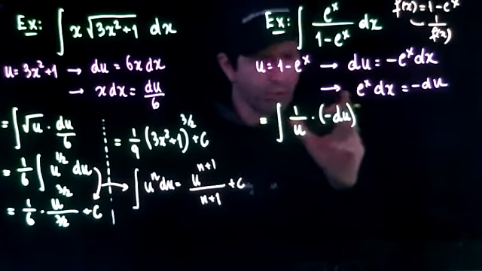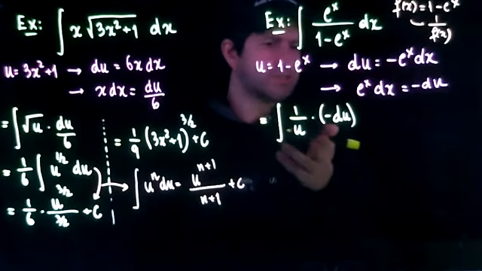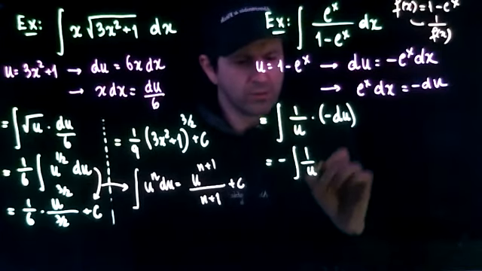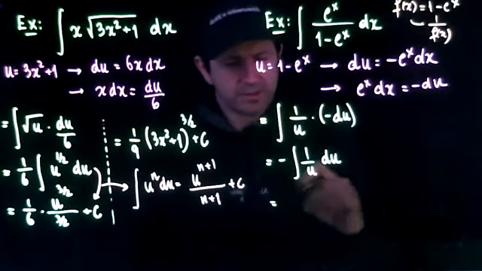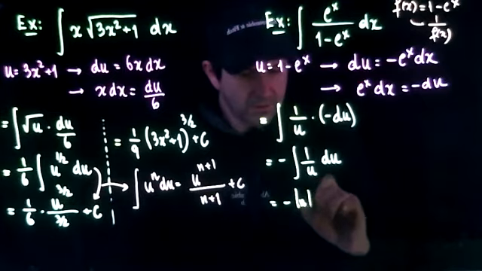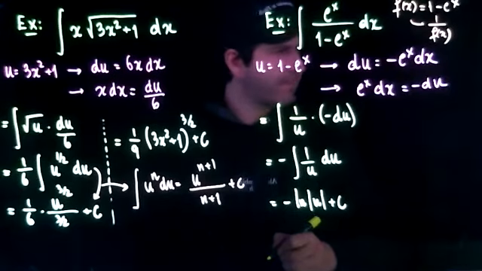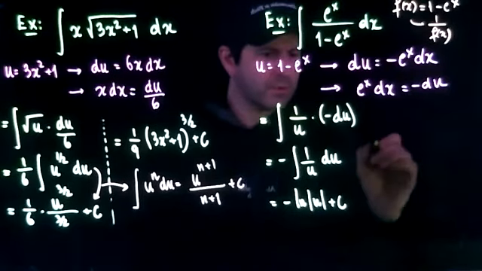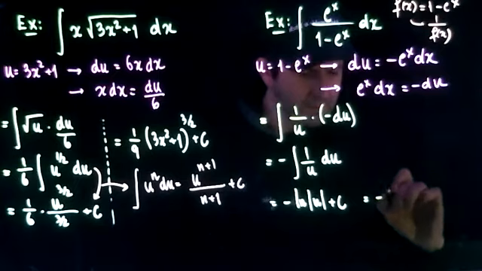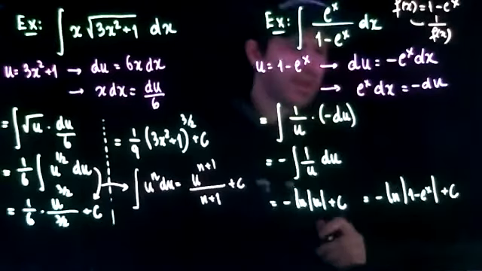The whole point of the substitution is to end up with very easy integrals, and that's an easy one. So negative integral of 1 over u du is negative log absolute value of u plus c. If I replace the u back by this, I'm done, and this is my answer.